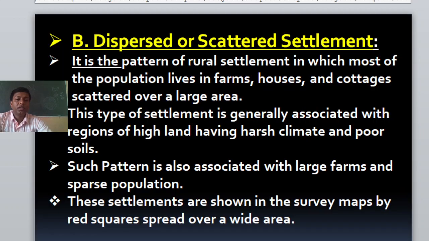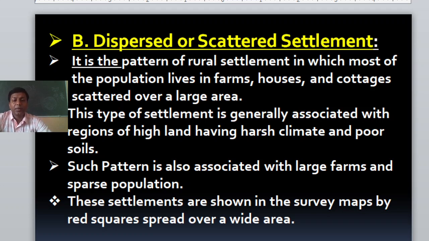Now, dispersed or scattered settlement. As you know, dispersed means one thing is here and another thing is very far away from here. It is a pattern of rural settlement in which most of the population lives in farms, houses, and cottages scattered over a large area.